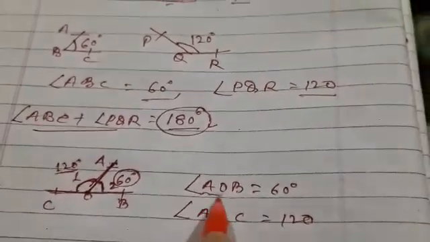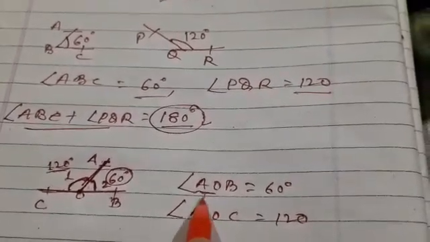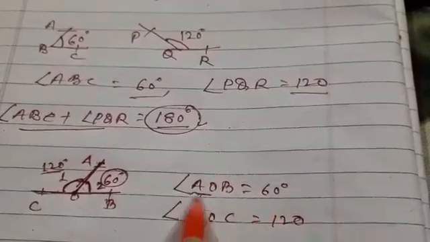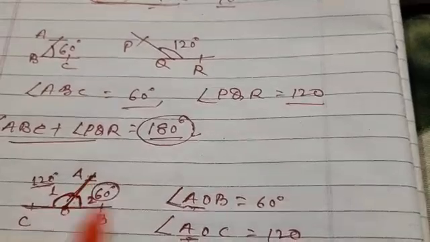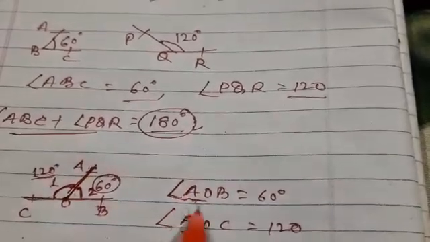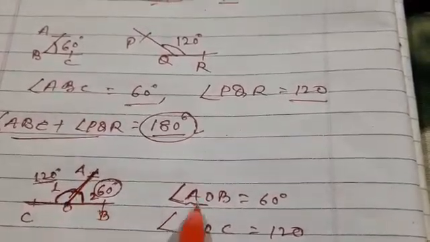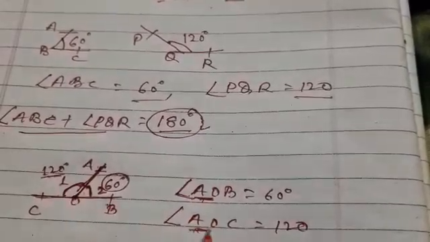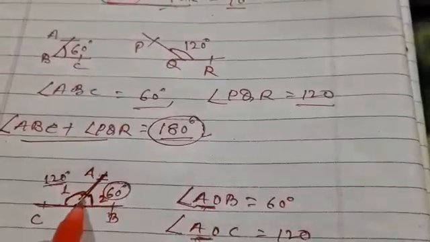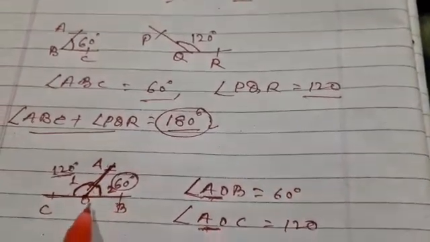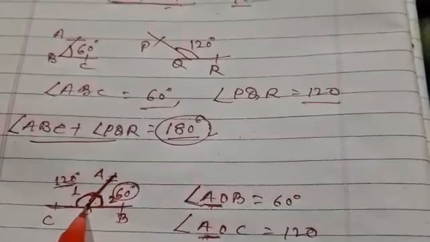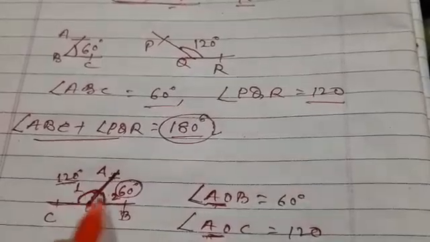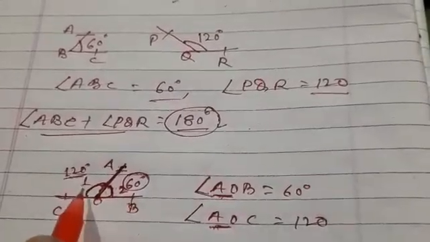Here OA is common in both angles, and side OA is common in both angles. When two angles have common arm and common vertex, then they are known as adjacent angles.